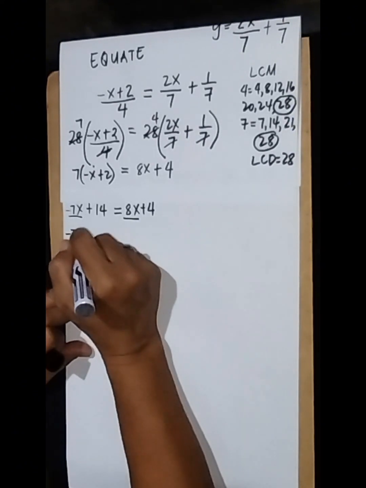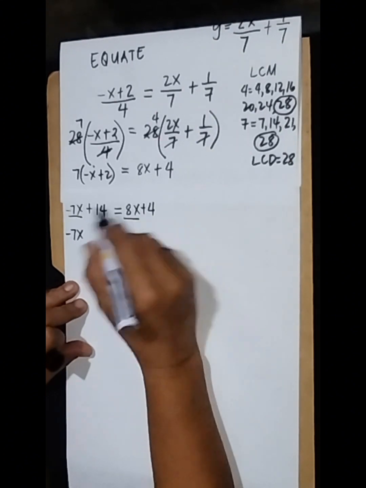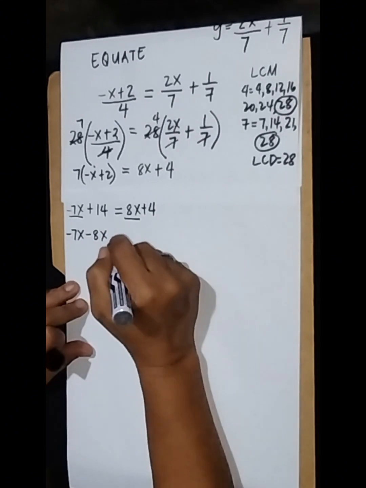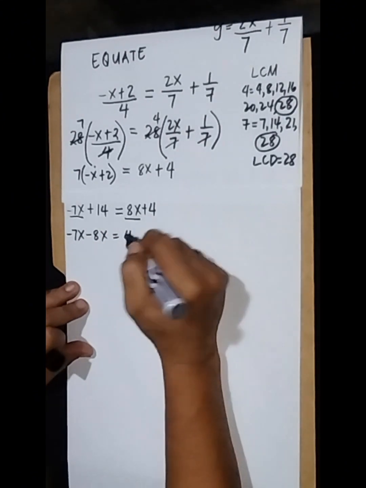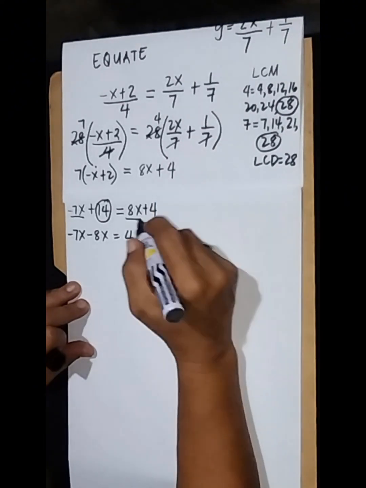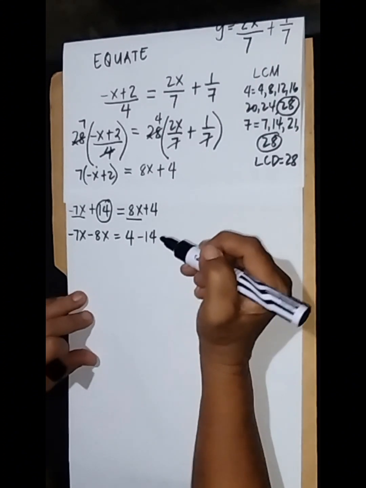So, negative 7x, we move the 8x to the left side, so it becomes negative. Equals 4, we move the 14 to the right side. It is positive here, so it becomes negative.